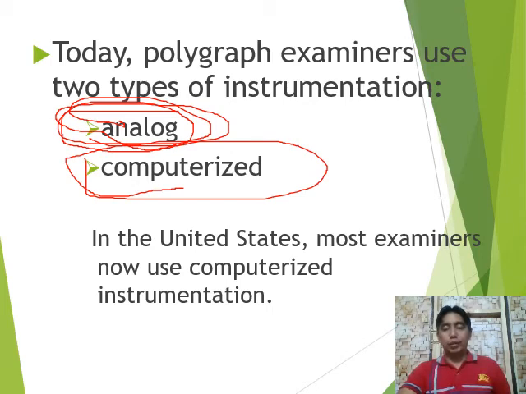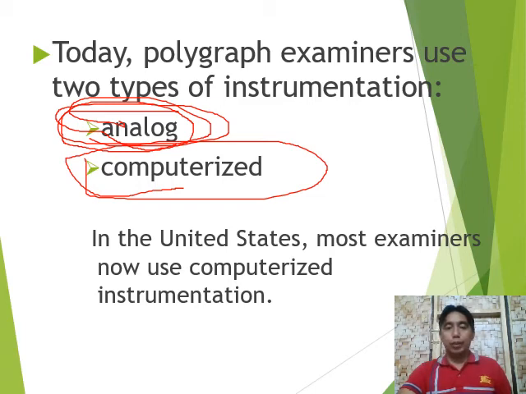The only difference is that with the analog, you have to interpret the tracings on the paper chart. You have to wait for the tracing produced through the ink coming from the polygraph pen.